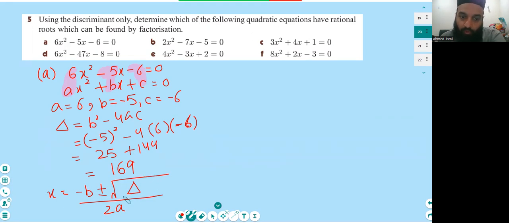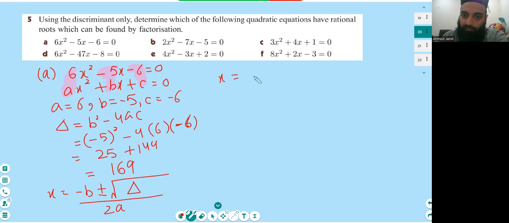So when we have the whole number, it means we can have two different answers, obviously, and both should be rational numbers. Got it? So whenever the discriminant is a perfect square, we have the solution, like two distinct real values, both should be rational numbers. Got it? And we can confirm it as well.